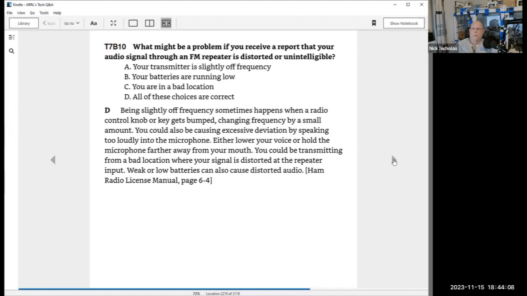What might be a problem if you receive a report that your audio signal through an FM repeater is distorted and unintelligible? Well, number one, if you're off by 5 megahertz, they'll hear you. You'll be distorted. If your batteries are running low, and on lithium batteries, this will not happen.